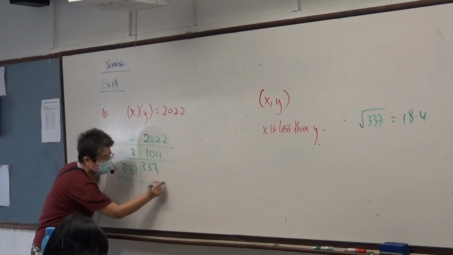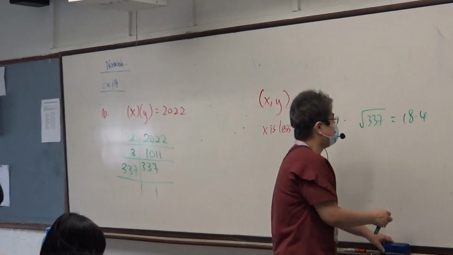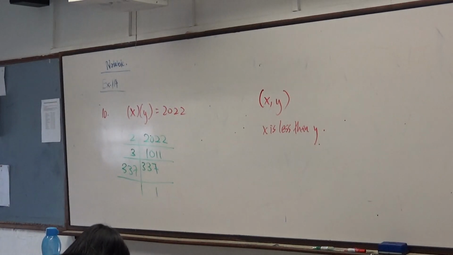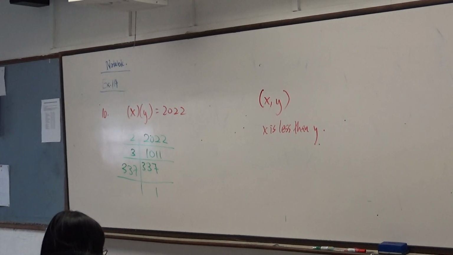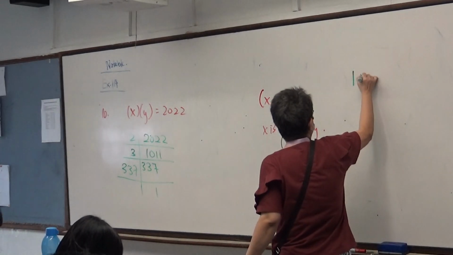Then what do you get? 1. Okay. Now, this is the trick here. I'm supposed to put it in terms of x and y, right? Such that x is what? Less than y. Okay, good. So let us take a look at the question. Alright. If I have 1, I must answer.